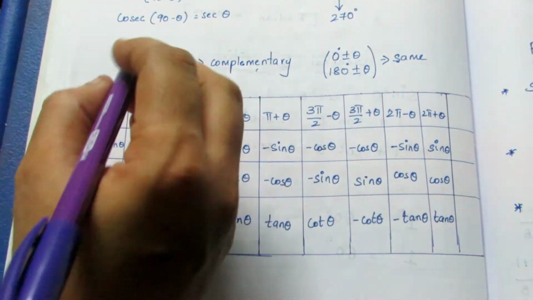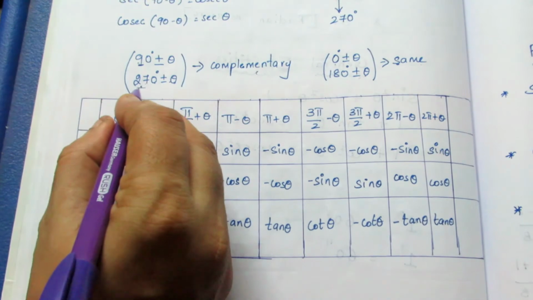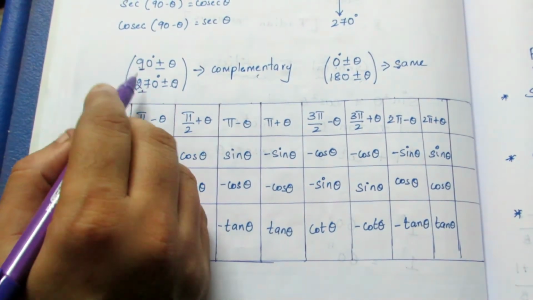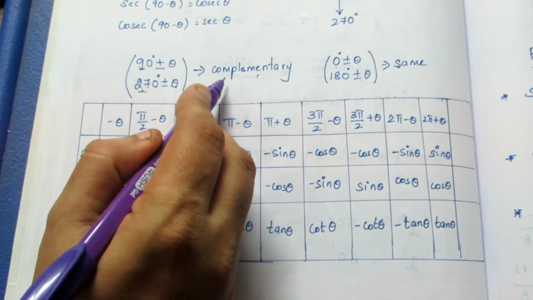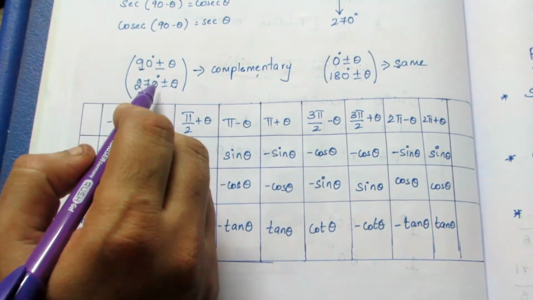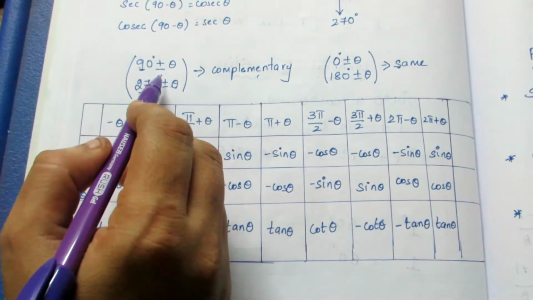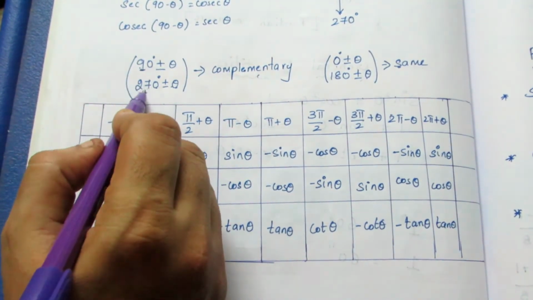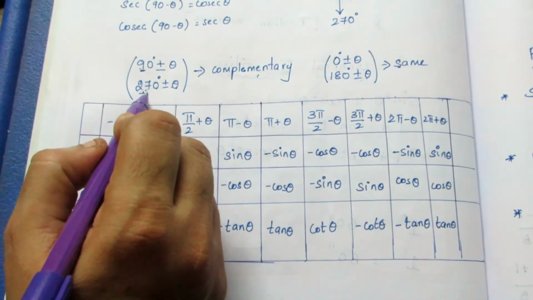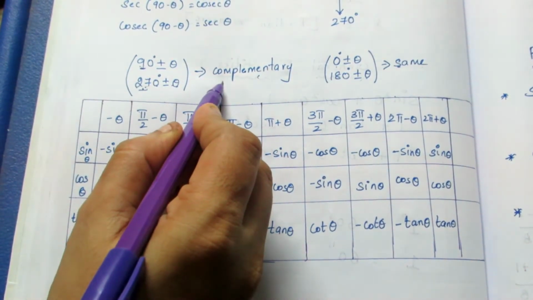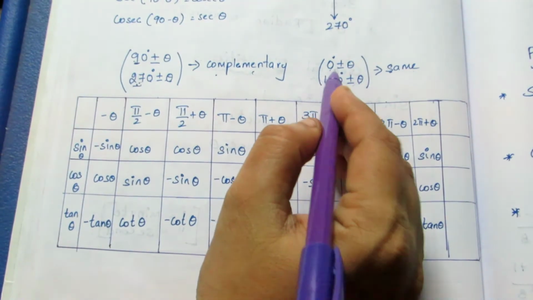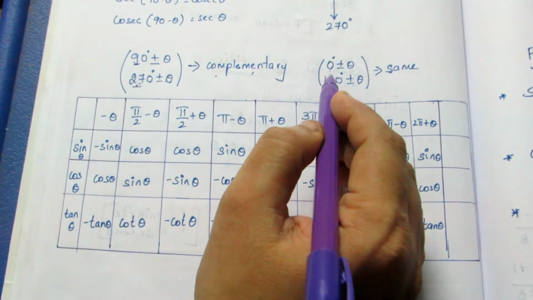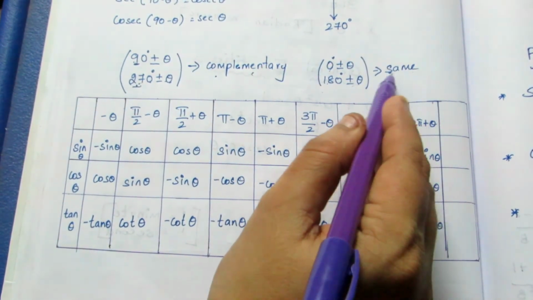To remember that, take 9 and 27 are odd numbers. For odd numbers we need to change, just for remembering, it's not anything to do with odd or even, just for you to remember. 9, 27 is odd. For odd numbers we need to change to the complementary angle. Here 0 and 18 are even numbers, so we will write it the same.